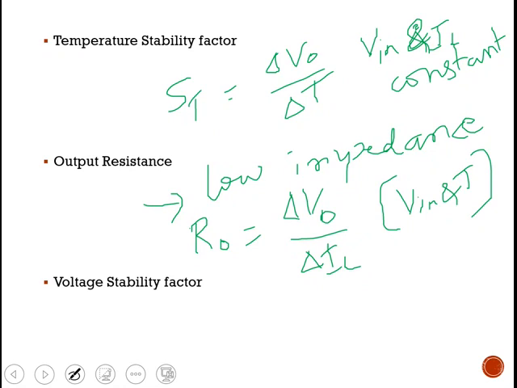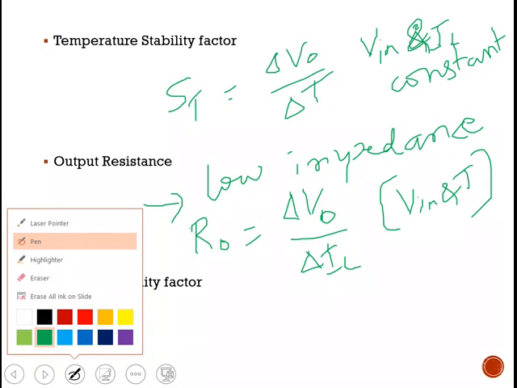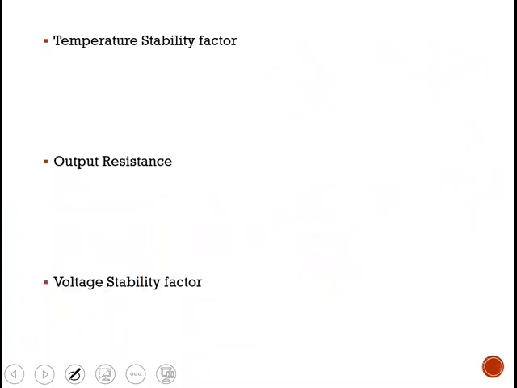The last performance parameter is the voltage stability factor. Load and line regulation give you only the average values for change in the output voltage whenever there is a change in the input or the load.